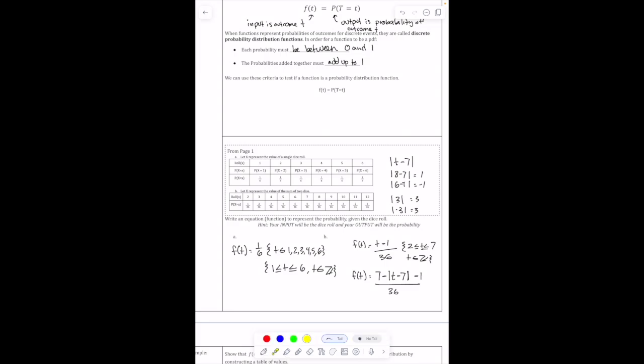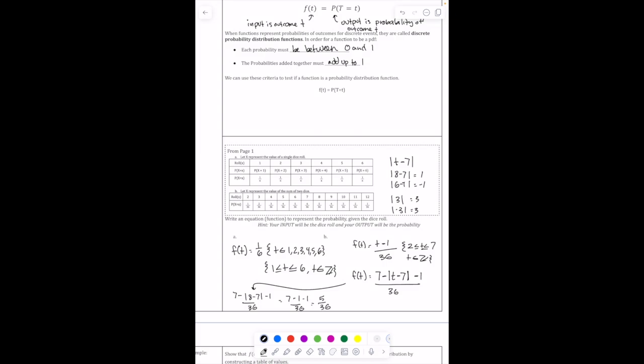To look at an example, if we look at 8 again: 7 minus the absolute value of 8 minus 7, minus 1, over 36. 8 minus 7 is just 1, so 7 minus 1 minus 1 over 36, I get 7, 6, 5.